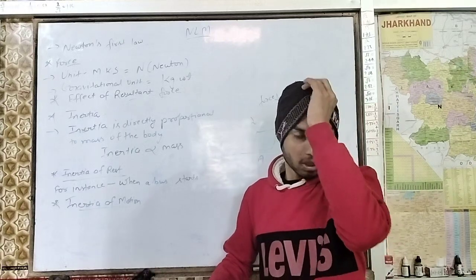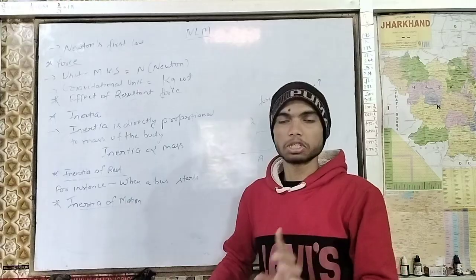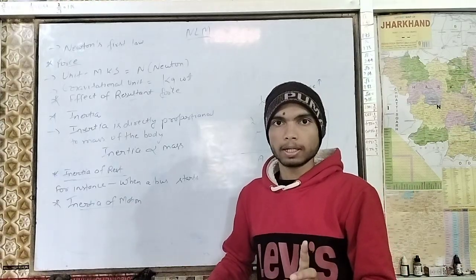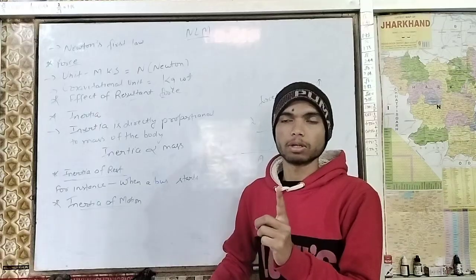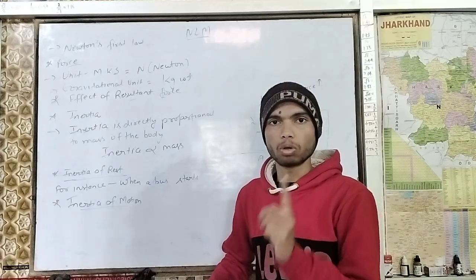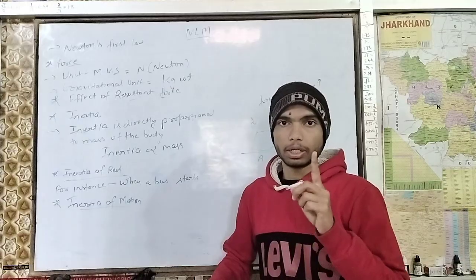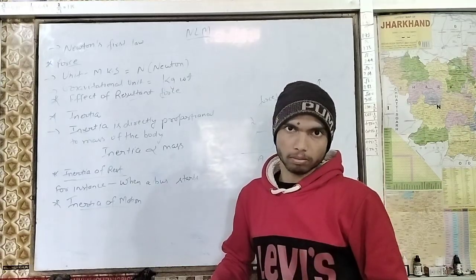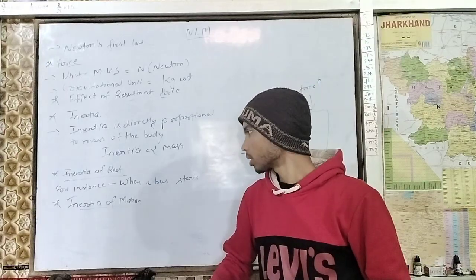The main thing is acceleration is zero. Velocity is constant. Then we will say that yes, the object is moving with a constant velocity, and that object wants to keep doing motion. Clear?